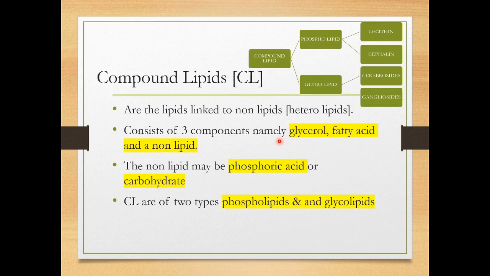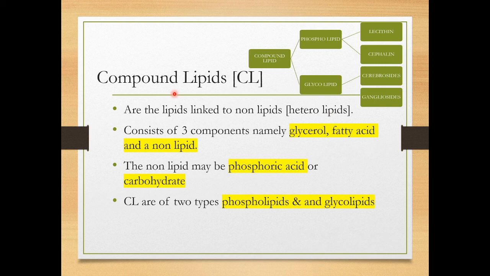Now here what happens? One glycerol molecule is there and two fatty acids are there, and the third fatty acid position is replaced with a non-lipid. Hence it is called compound lipid or simply called the heterolipids.